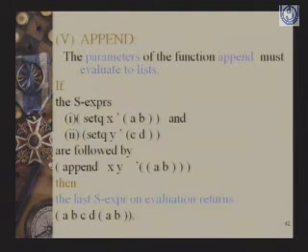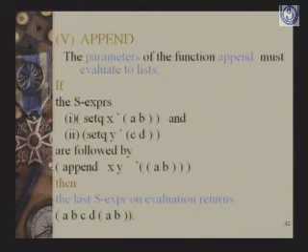What would happen? First of all, as I mentioned earlier, in the case of append the arguments are evaluated one by one. So X is evaluated. What is the value of X? The list AB. Similarly, the value of Y, which is quoted list CD, is found out, which is list CD. So what happens next?